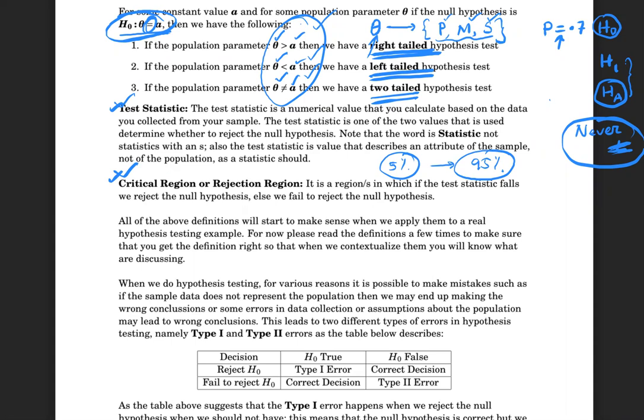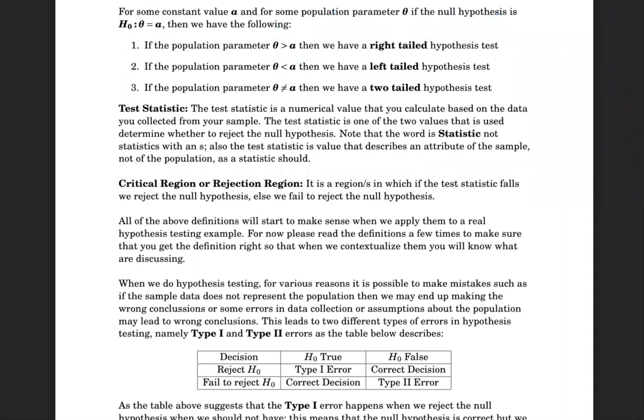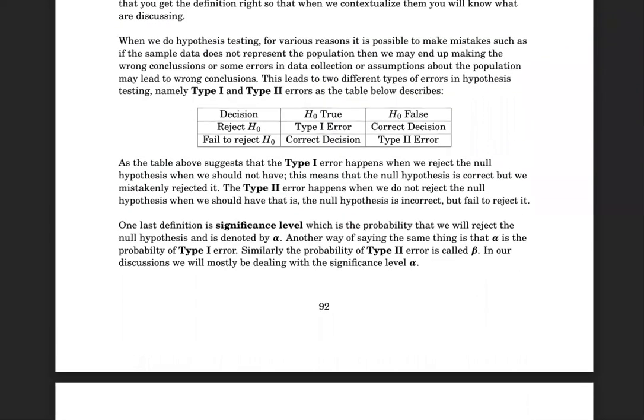Now, let's talk about a couple of interesting things. When you're doing hypothesis testing, you can make mistakes. Think of somebody who is innocent, but you find him guilty. That means you send the person to jail, even though the person is innocent.